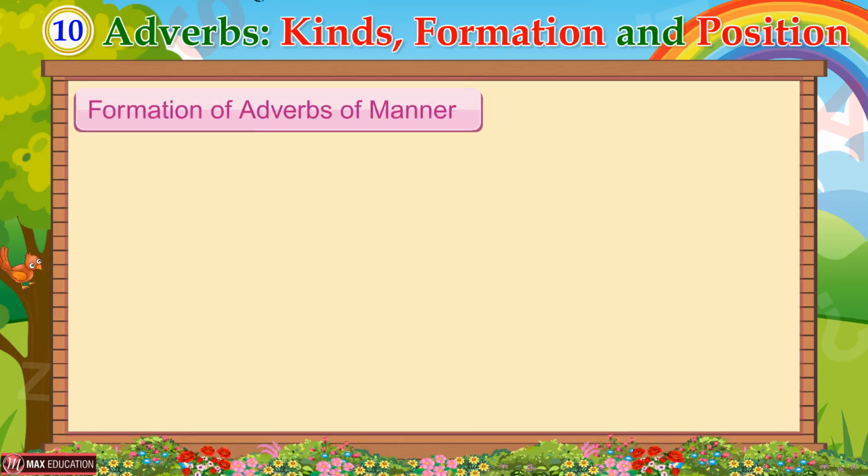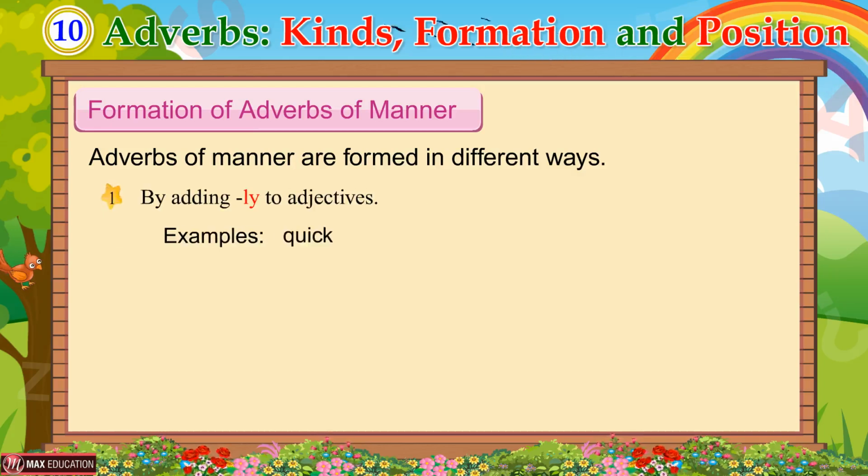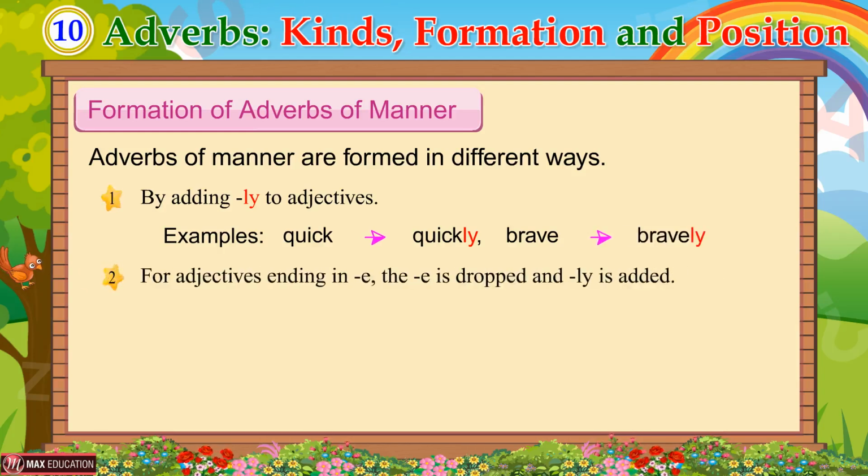Formation of adverbs of manner. Adverbs of manner are formed in different ways. 1. By adding ly to adjectives. Examples: quick, quickly; brave, bravely. 2. For adjectives ending in e, the e is dropped and ly is added.